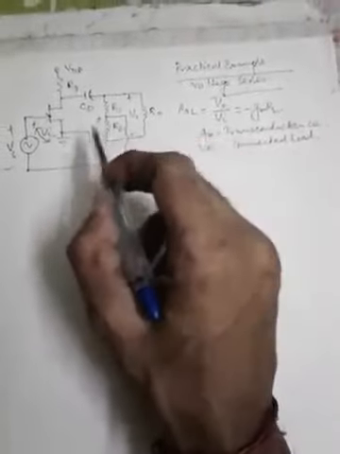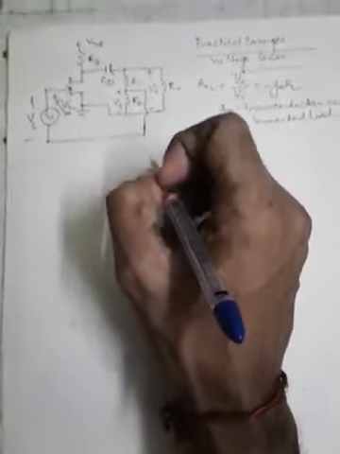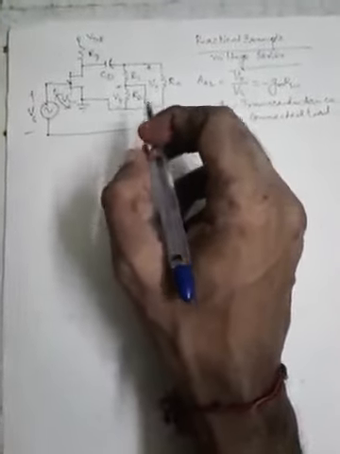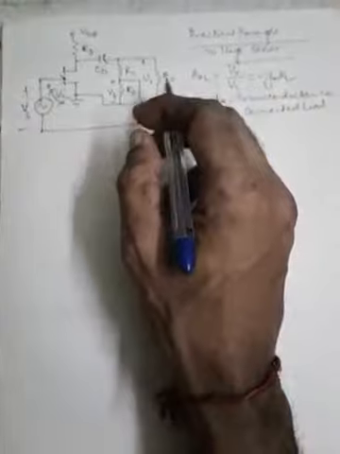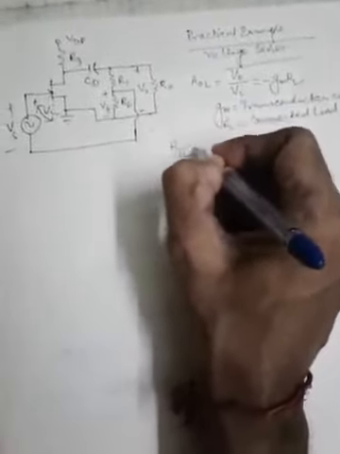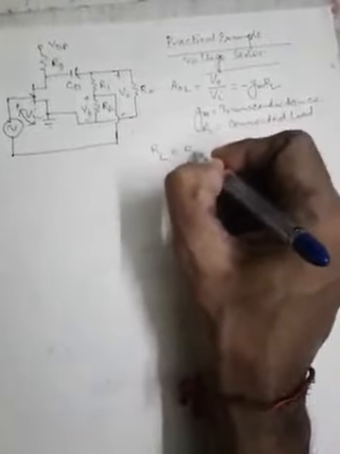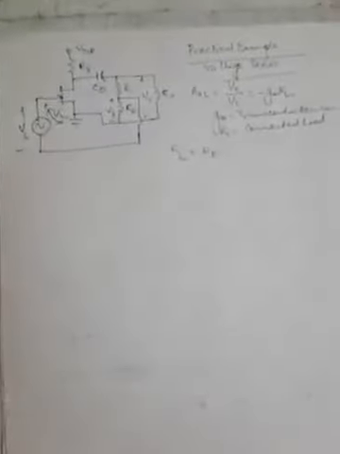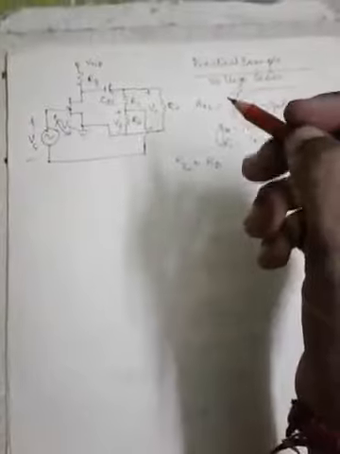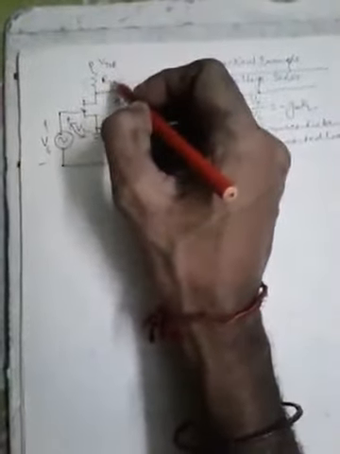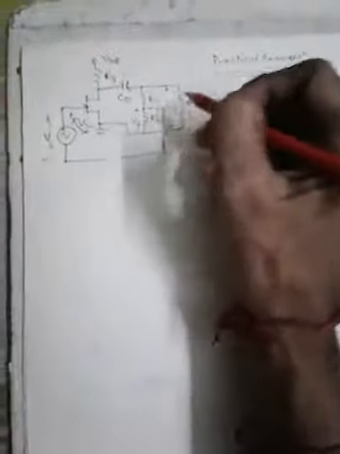Now with respect to this circuit, RL here is the parallel combination of resistors. RL can be written as RD, that means everything that is connected in parallel to this RD: RO, R1, R2.